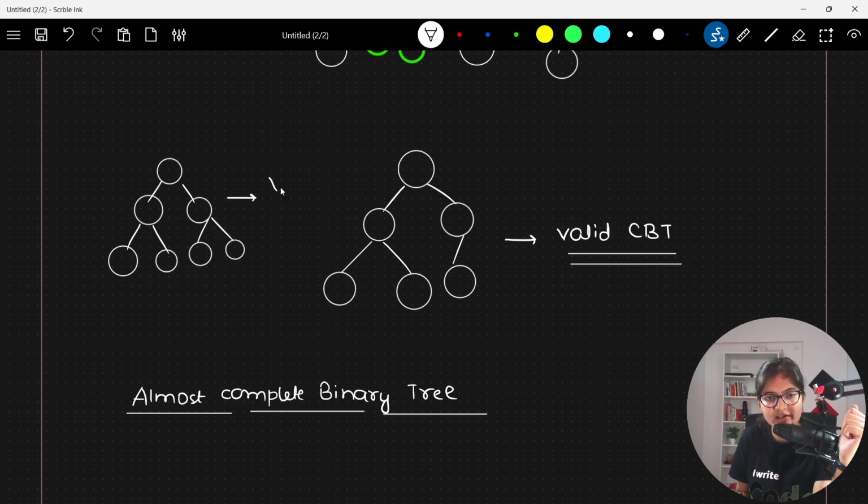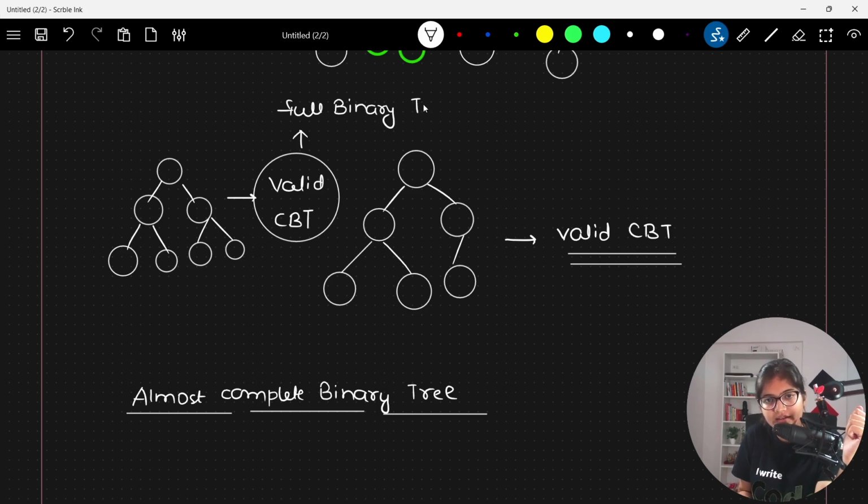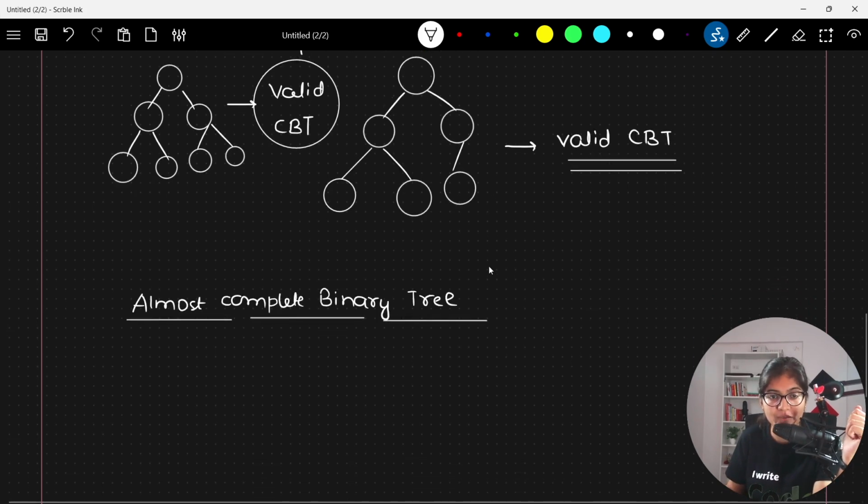This is also a valid CBT. But this particular tree also comes under the category of a full binary tree, right? This also comes under the category of a full binary tree.